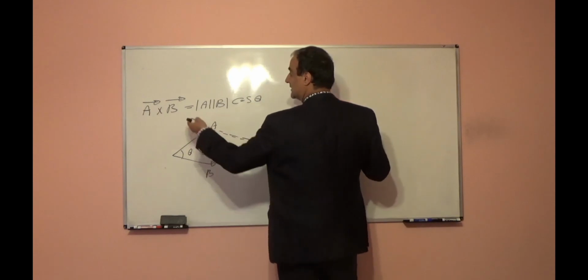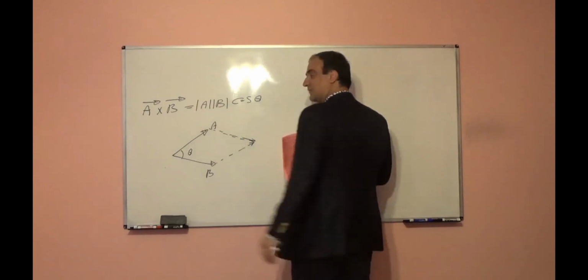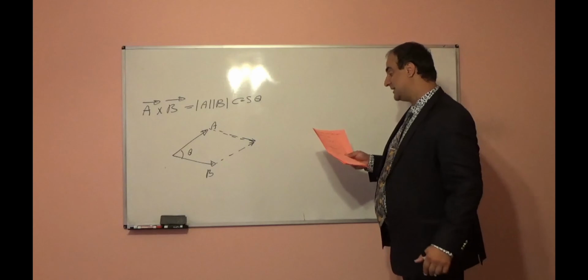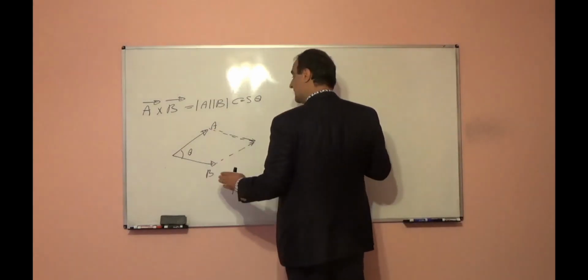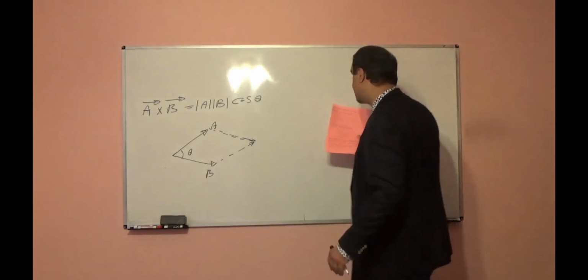The magnitude of A times B sine theta will be the area of this parallelogram, and the result will be perpendicular to the parallelogram plane.